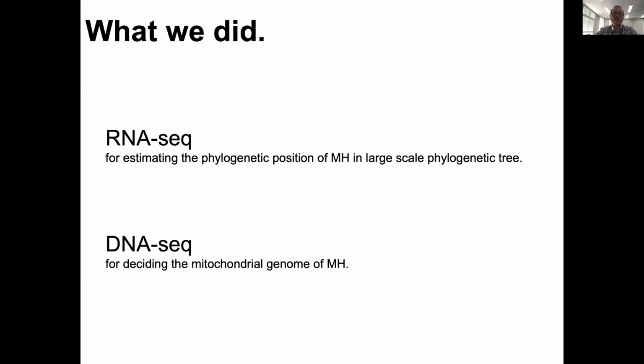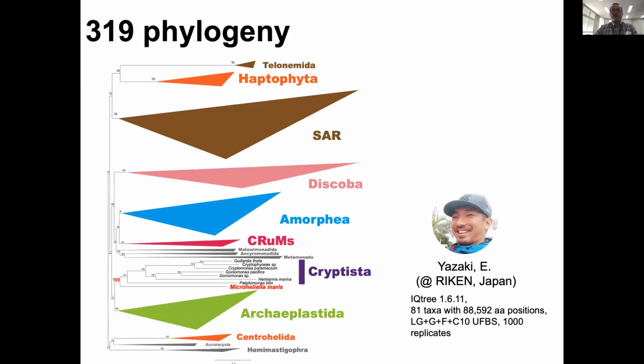Recently, the mitochondrial genomes of various protists have been sequenced, and their evolution is discussed very actively. So we would like to do it with data of MH. So this is the result. This tree was reconstructed by Yuki Yazaki, this smiling nice guy, at Riken, Japan, by analyzing a 319 gene dataset.